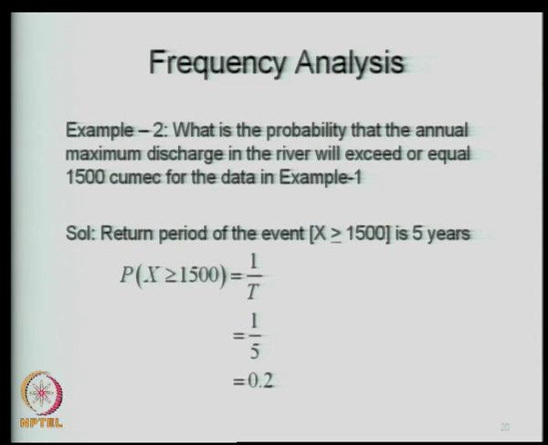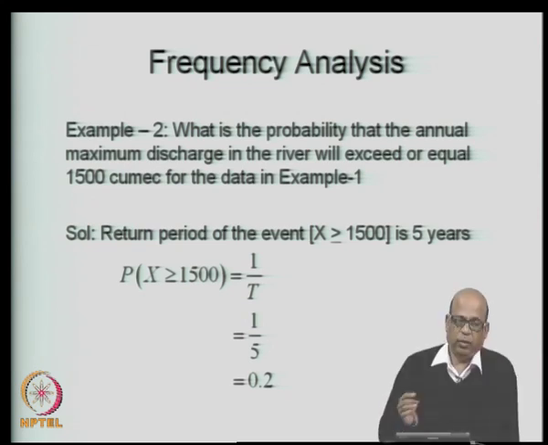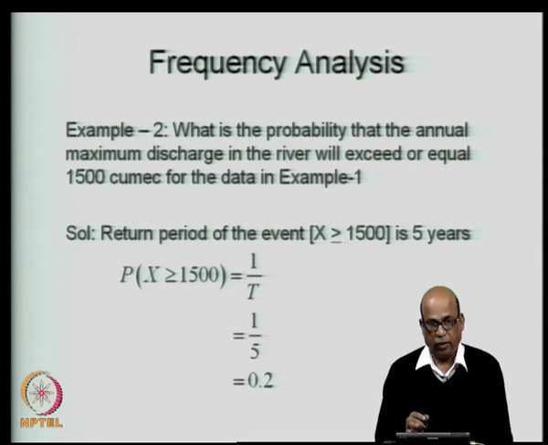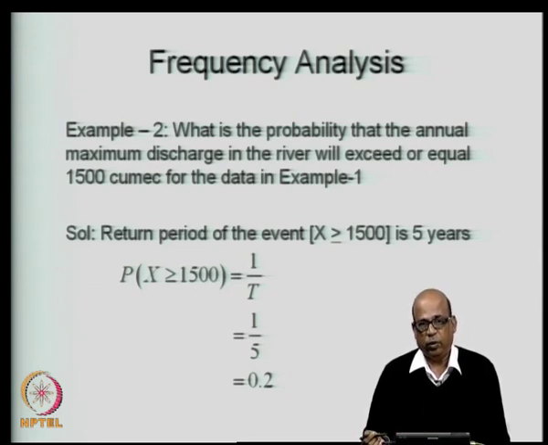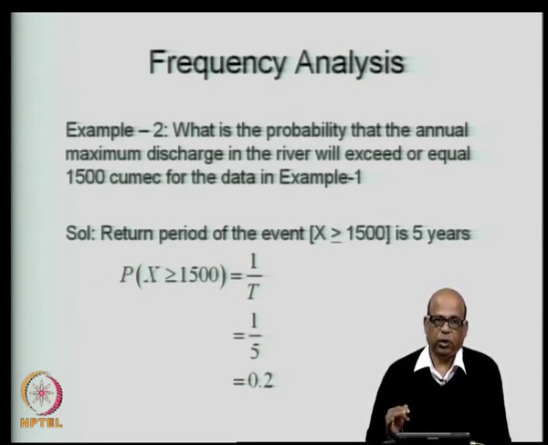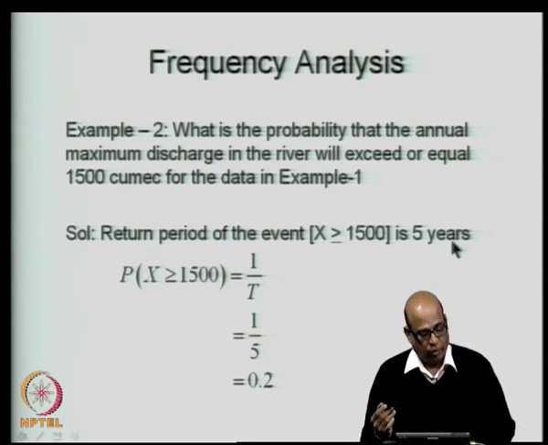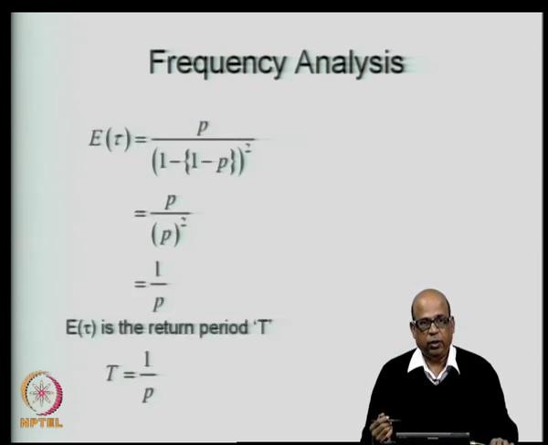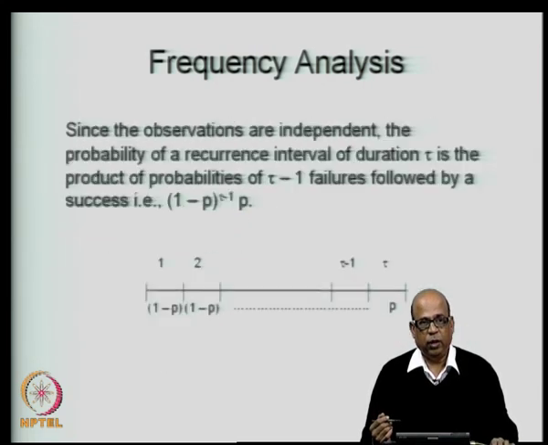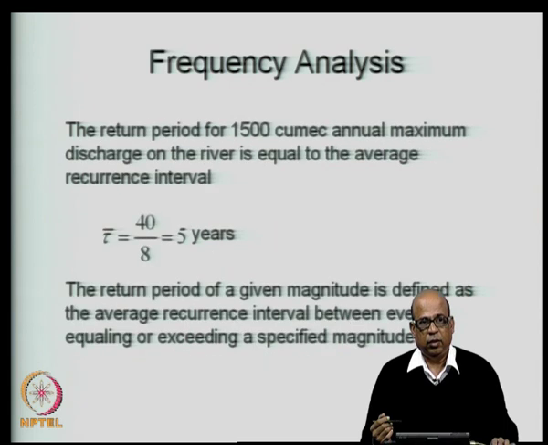Say, for example, we look at the same example 1 that we considered, the same 45 years of data and the same threshold value of 1500 cubic meters per second. We know that the return period of the event is 5 years. We just obtained that return period to be 5 years, as I showed here.